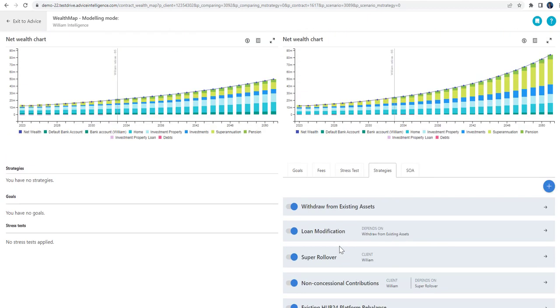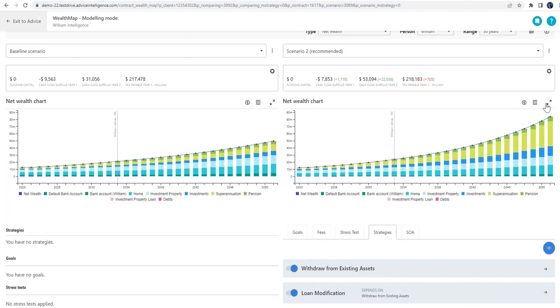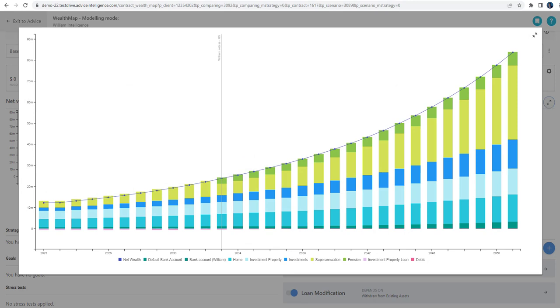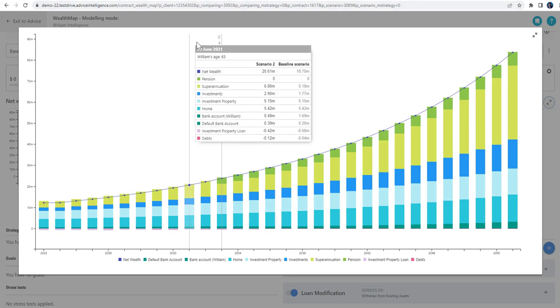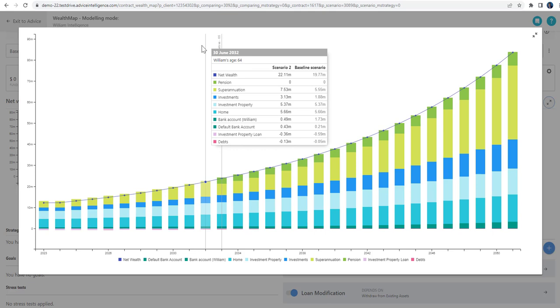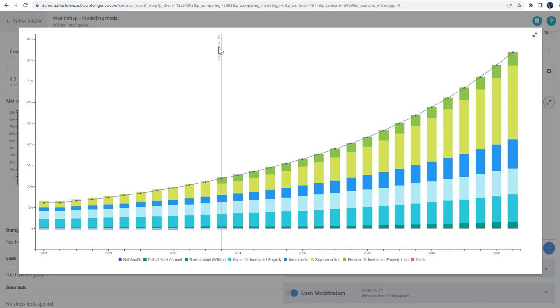And in doing so, let's look at age 63, 64, and 65.